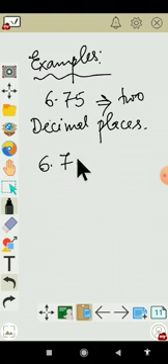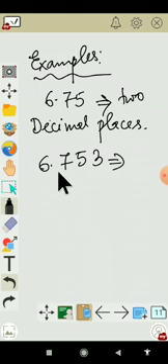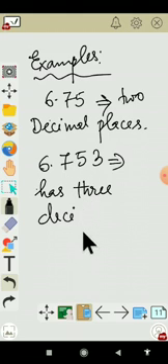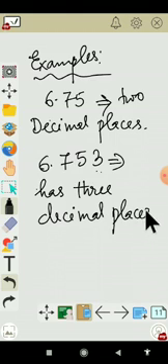If after the decimal point we have 3 digits, then we will call the number 3 decimal places. So 6.753 has 3 decimal places. So according to the number of digits after the decimal point, the decimal places will be determined.